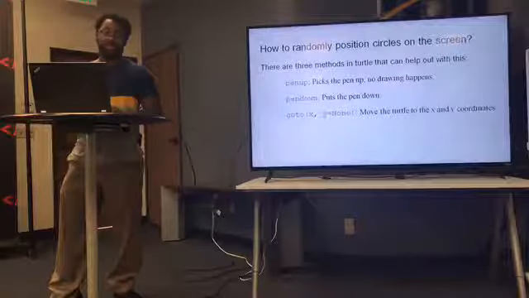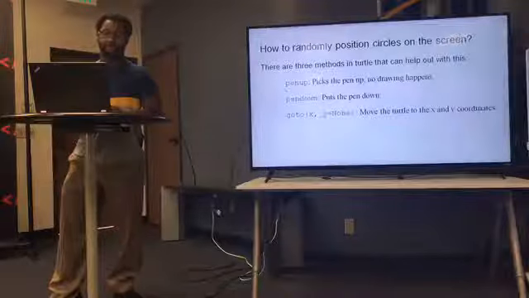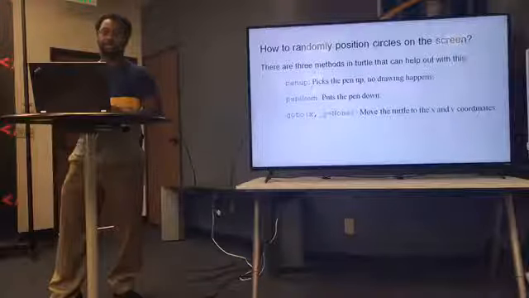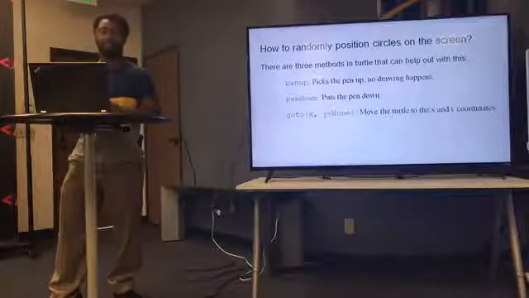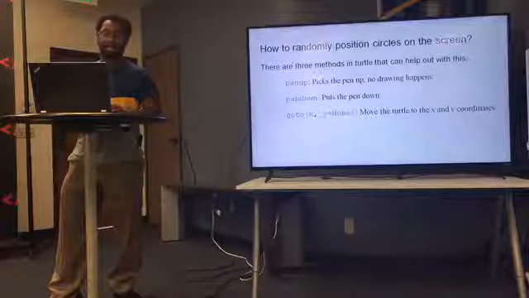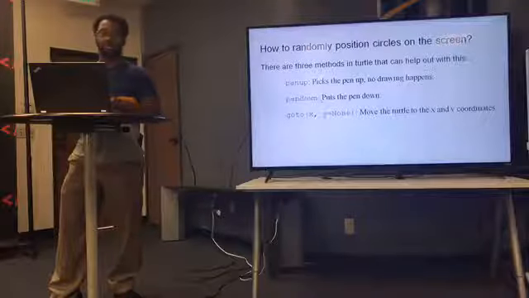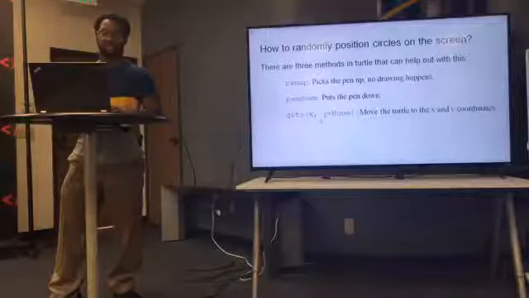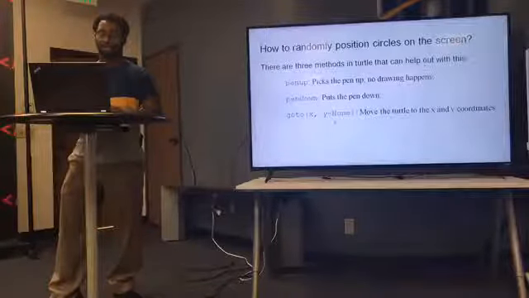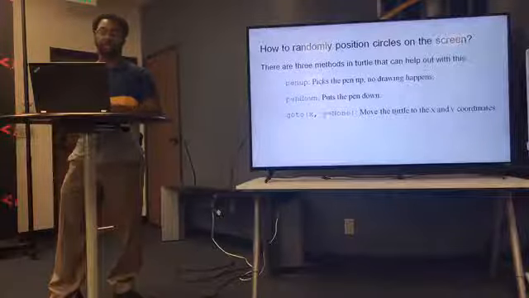In order to do that, we have 3 new functions. We have pen up, which picks the pen up so no drawing happens. Then we have the pen down function, which corresponds to putting the pen down. And then goto as well, which accepts 2 arguments and allows you to move the turtle to the XY coordinates.